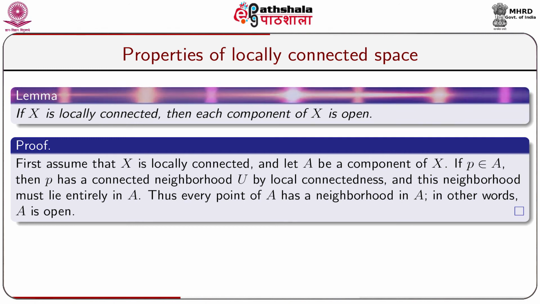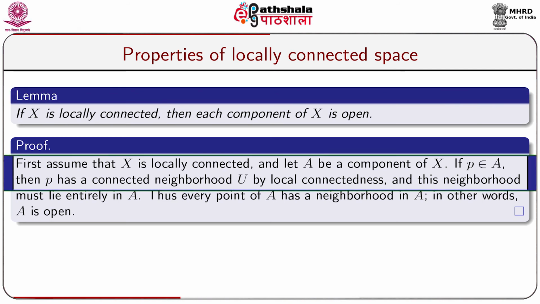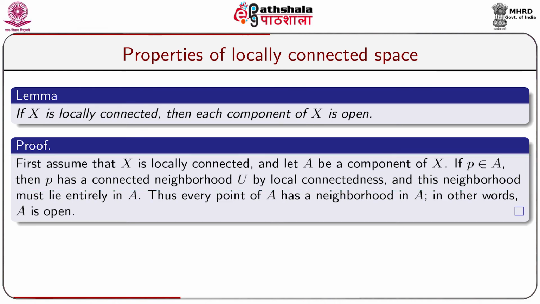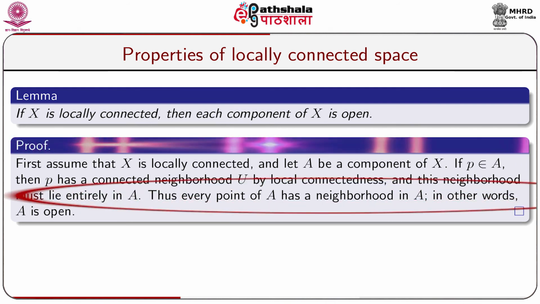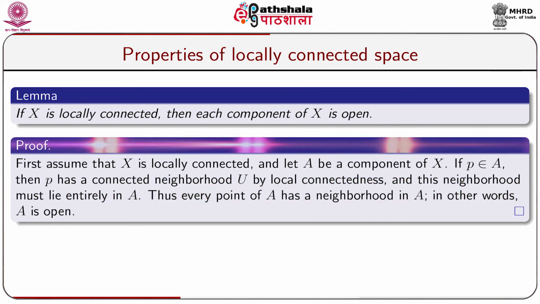So to prove that for a locally connected space every component is open, first assume that X is locally connected and A is a component of X. Now if P belongs to A, then P has a connected neighborhood U by local connectivity, and this neighborhood must lie entirely in A. Thus, every point of A has a neighborhood in A. In other words, A is open.